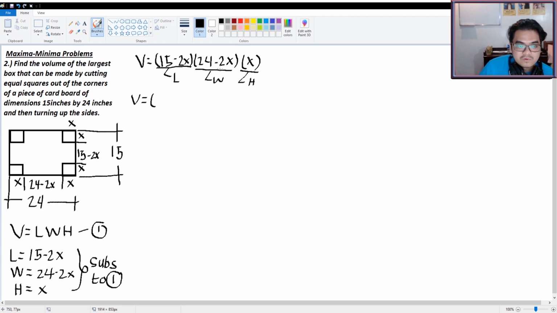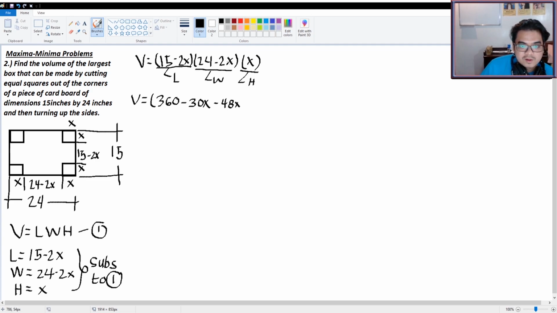So we can use the FOIL method. Now that's 15 times 24. That is 360. And then 15 times negative 2x, that will become negative 30x. And then negative 2x times 24, that's minus 48x.